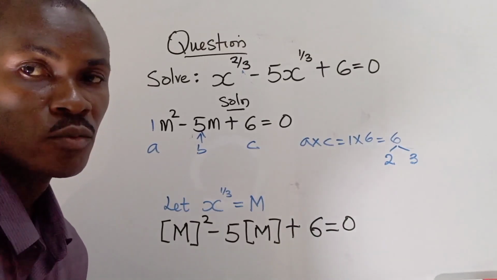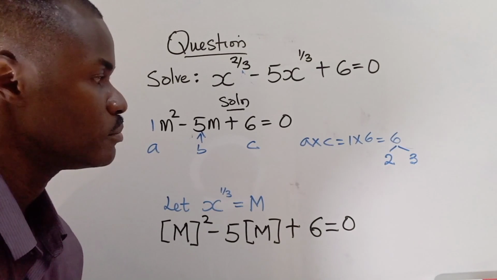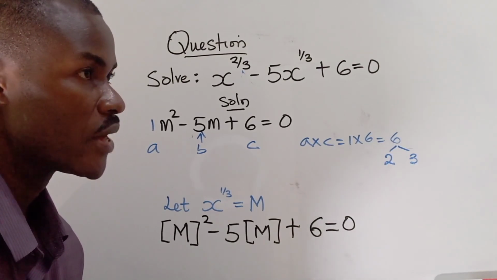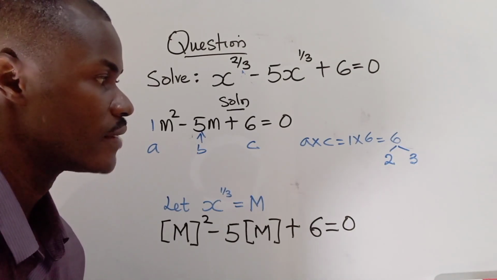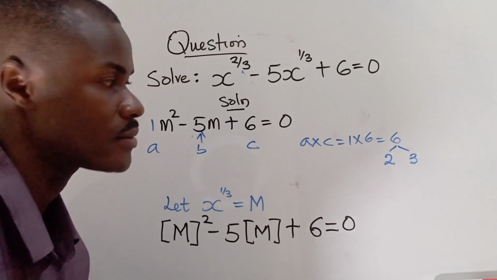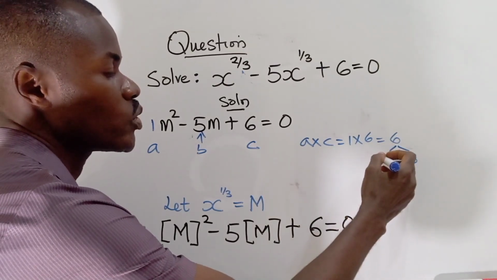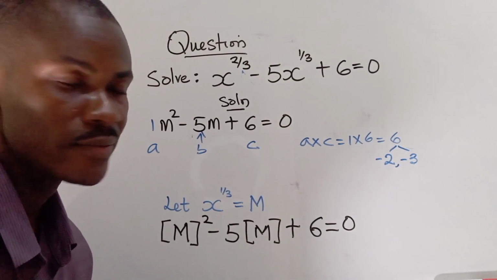We can also use 1 and 6, but 2 and 3 can serve. Now the next thing is you want to input signs, so minus 2 and minus 3 can serve.